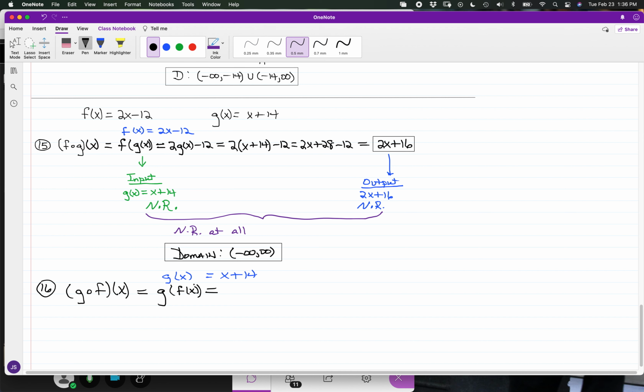Now for g of f of x, the input is f of x. So g of f of x will be f of x plus 14, and then putting in the variable expression that defines f of x, we have 2x minus 12, followed by the addition of 14.